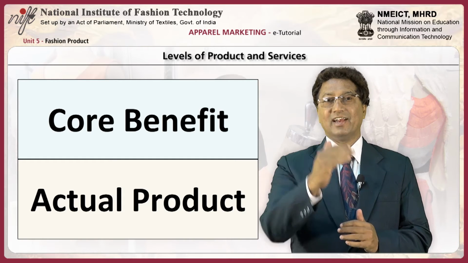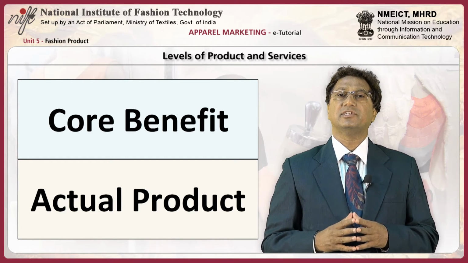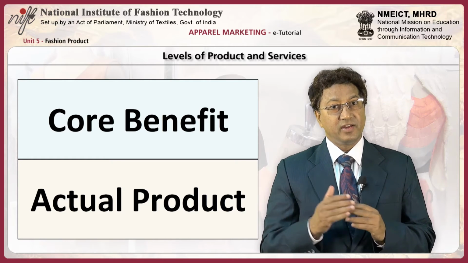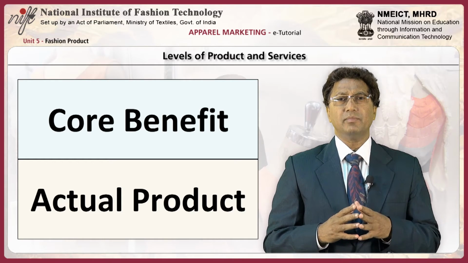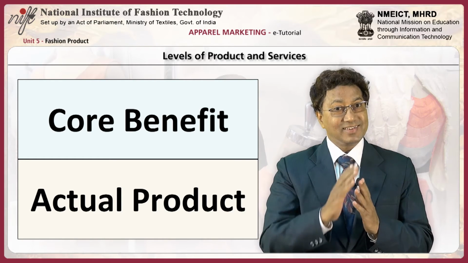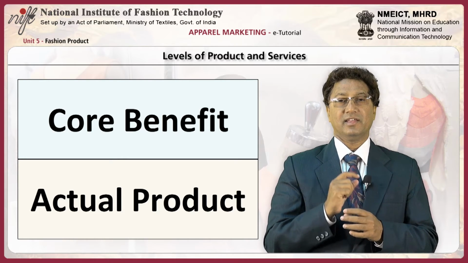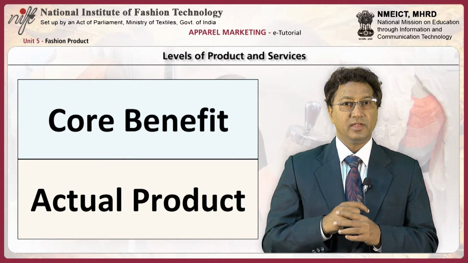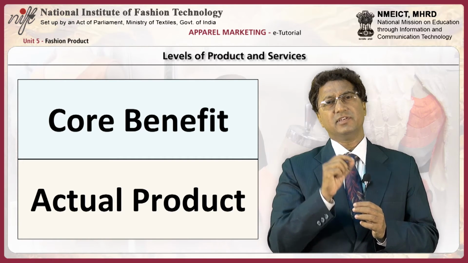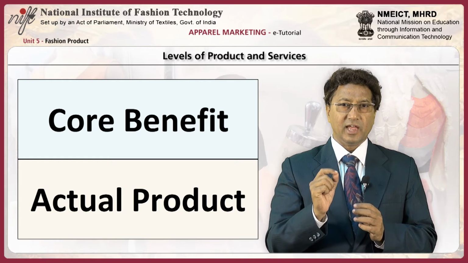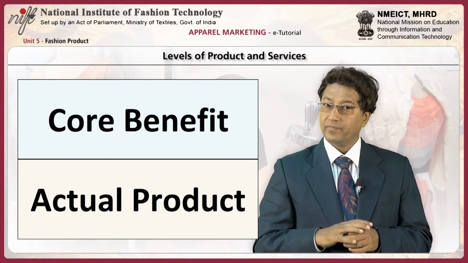Now let us go to the second level. At the second level, product planners must turn the core benefit into an actual product. Thus, a diamond includes quality of cut, color, clarity and carat weight. They need to develop product and service features, design, quality level and a brand name.